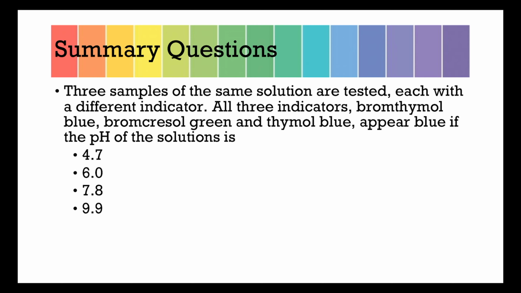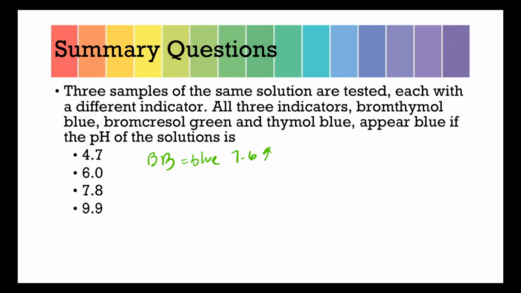Checkpoint question number 3. 3 samples of the same solution are tested, each with a different indicator. All 3 indicators, bromothymol blue, bromcresol green, and thymol blue, appear blue if the pH of the solution is... Okay. So there's a lot to unpack here. Bromothymol blue is blue when you have a pH of 7.6 and higher.